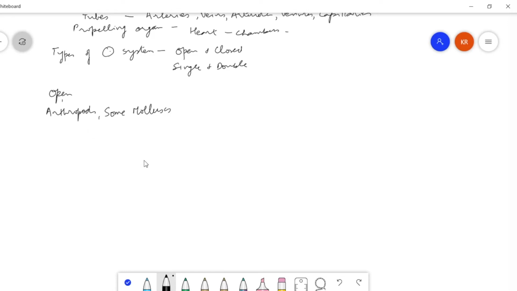So what does it mean? It means that there is a propelling organ or a heart. So this is a propelling organ or a heart, just drawn very simply. There can be one chamber sometimes, or there can be more than one chamber.